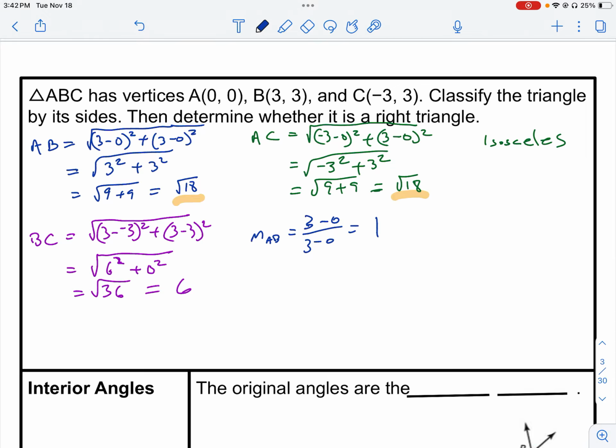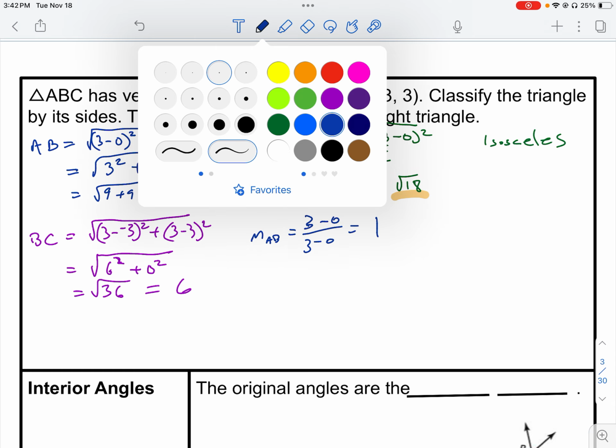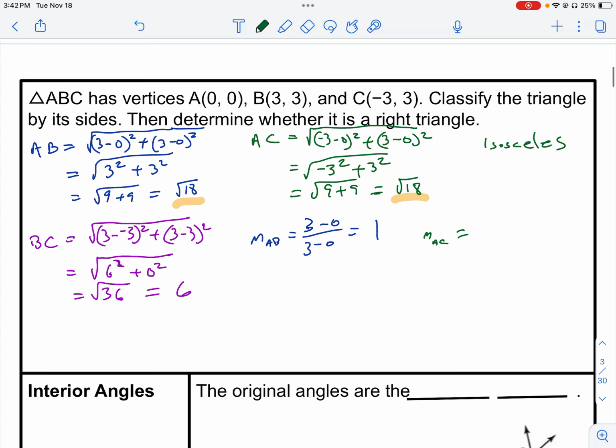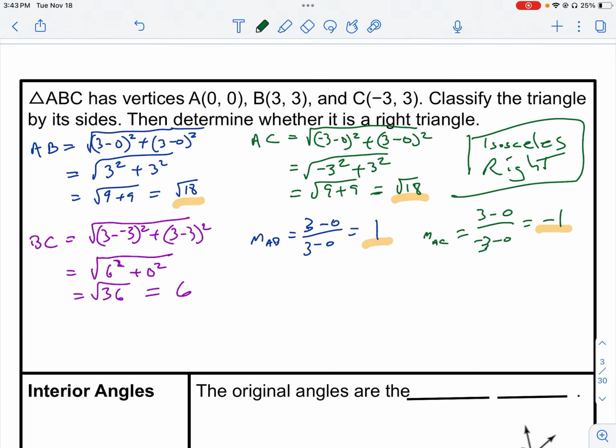Then let's find the slope of AC, which is 3 minus 0 over negative 3 minus 0. I like to do the zeros first usually because it's so much simpler. We get negative 1, and 1 and negative 1 are opposite reciprocals of each other. So we do indeed have a right triangle. We can stop there. We don't need to do the third one because we established that it's a right triangle.